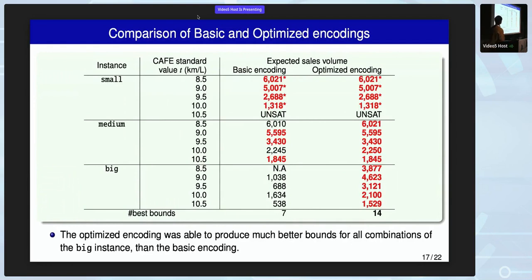This table shows a comparison of basic and optimized encodings. The first column indicates the instance name. The second column indicates the CAFE standard value T. The third and fourth columns indicate the expected sales volume of the basic encoding and optimized encoding.